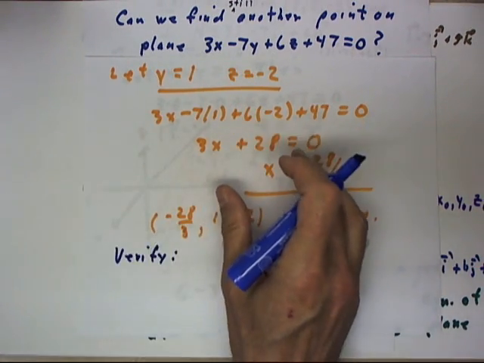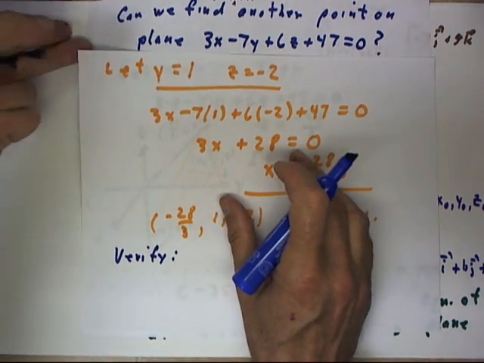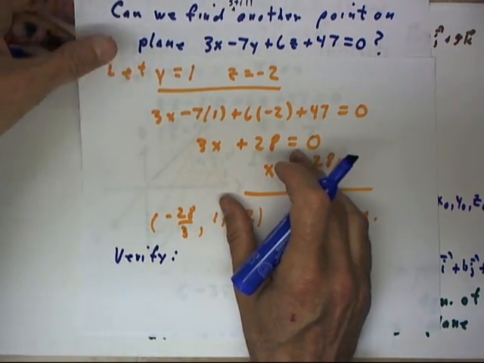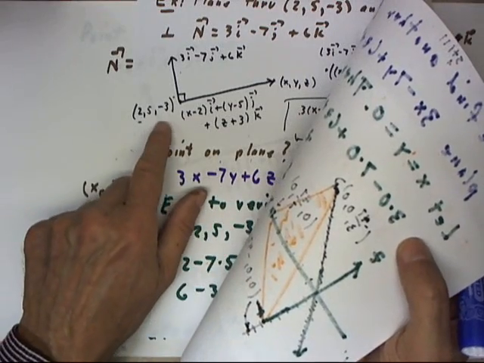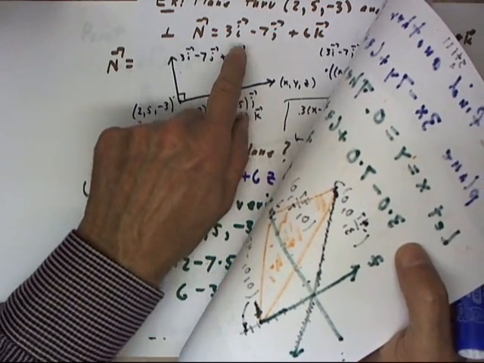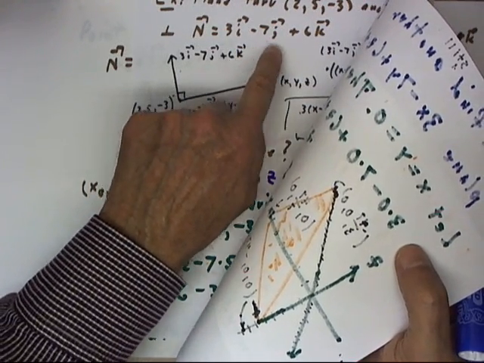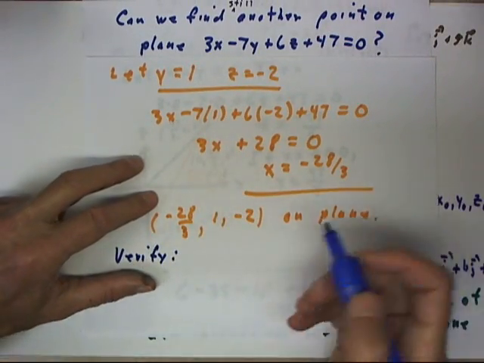Now recall that the original condition for this plane was that the point 2, 5, -3 lie on the plane, and the plane be normal to the vector 3i minus 7j plus 6k.